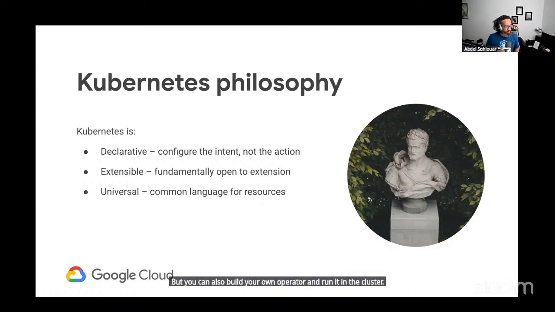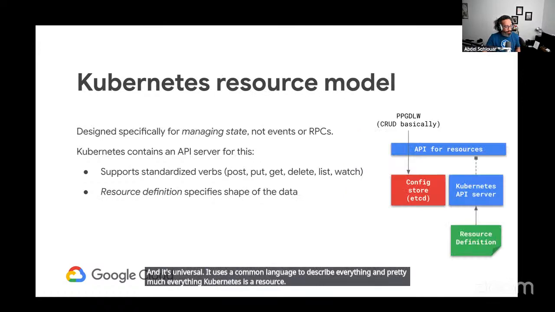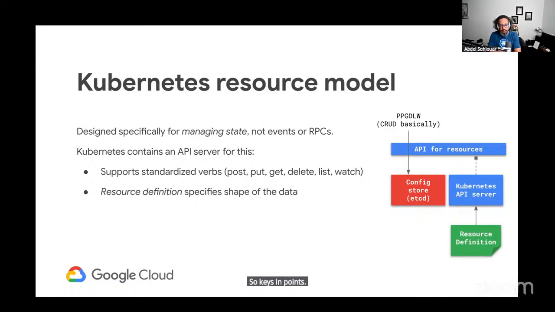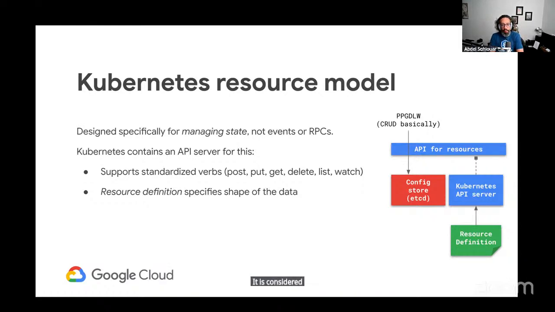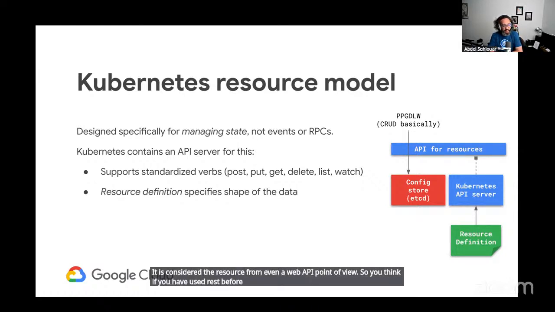And it's universal. It uses a common language to describe everything, and pretty much everything in Kubernetes is a resource. When you deploy stuff in Kubernetes, it is considered a resource. For those of you who have some web development background, it is considered a resource even from a web API point of view. If you have used REST before, in REST, everything is a resource, right?